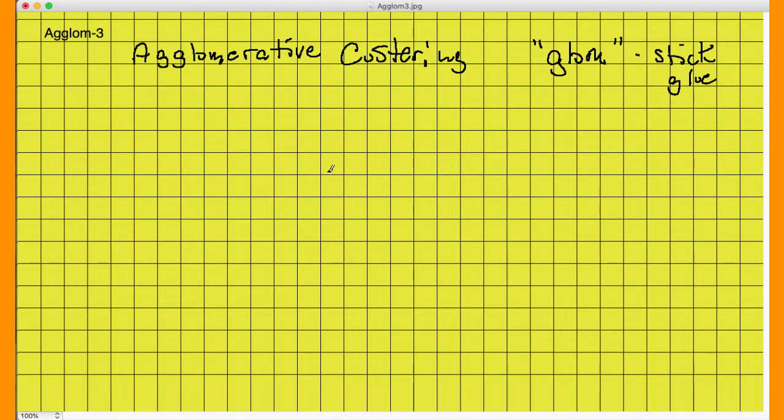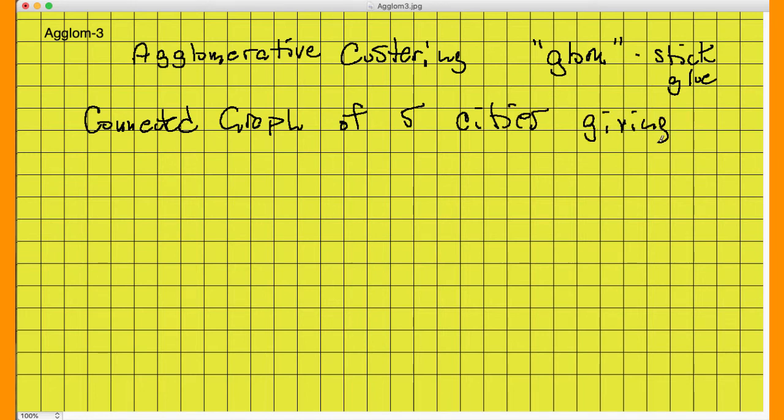I've seen that word in other places. And the example that your author gives here says consider a connected graph of 5 cities, giving intercity distance.